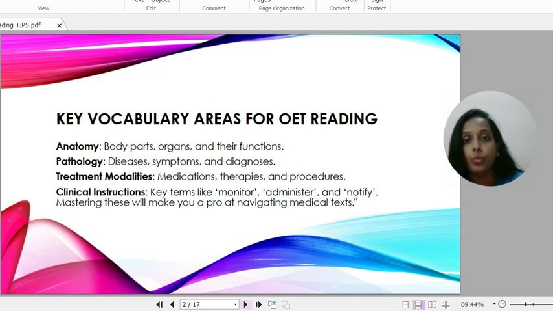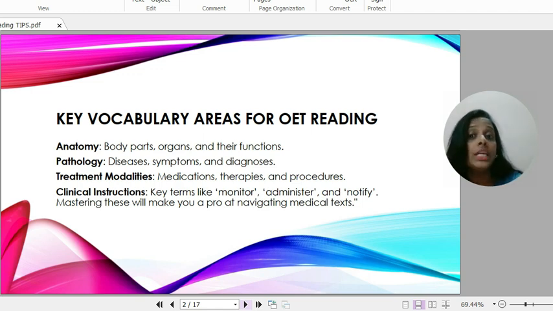When it comes to clinical instructions, it forms a critical part of medical communication, and you're likely already using those terms on a daily basis. In the context of OET reading, understanding the precise meaning and usage of terms like monitor, where you are tracking patient progress, administer, the word you use for giving medications or interventions, and notify, the word you use for alerting your colleagues or patient.